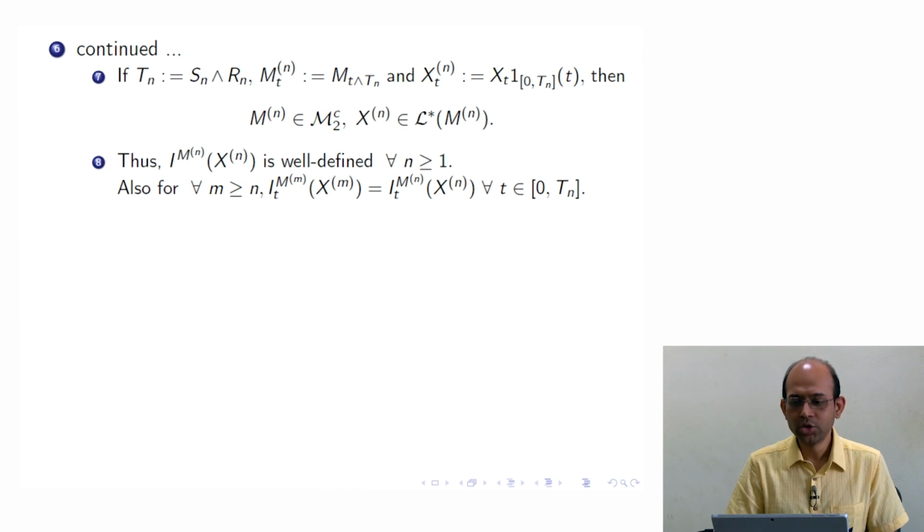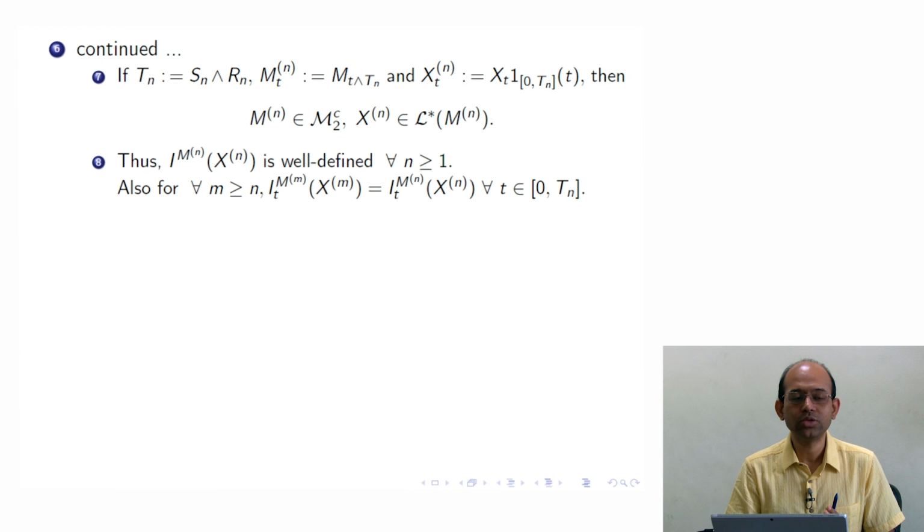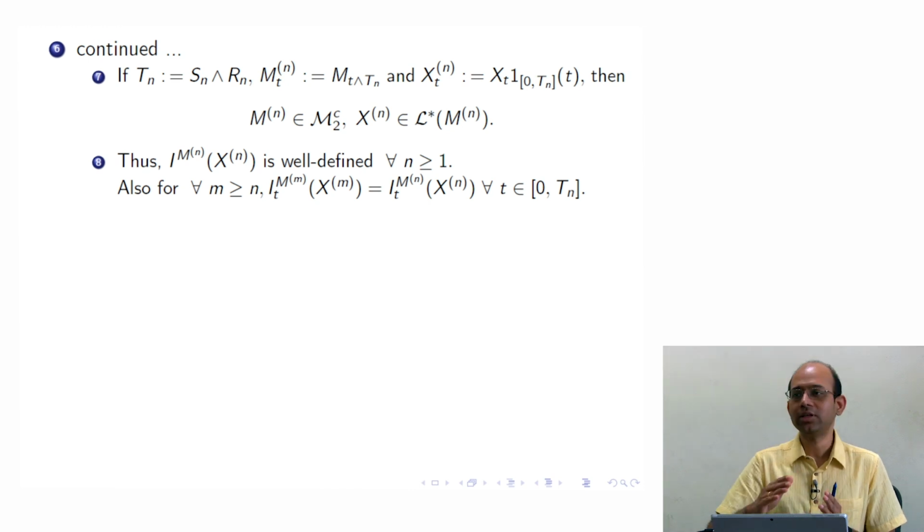So what would happen? Here Tn would be replaced by Tm, which would survive for a longer time and then become 0. But if I look only at time t from 0 to Tn, even though I have killed it later, I am looking only at the beginning time, and that would coincide exactly with Xn.